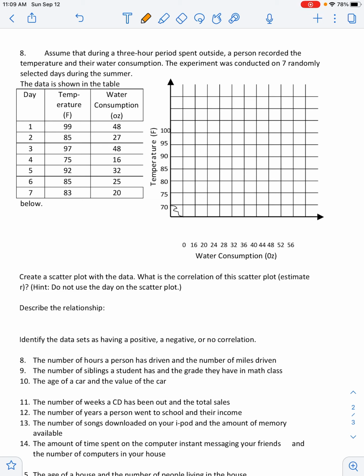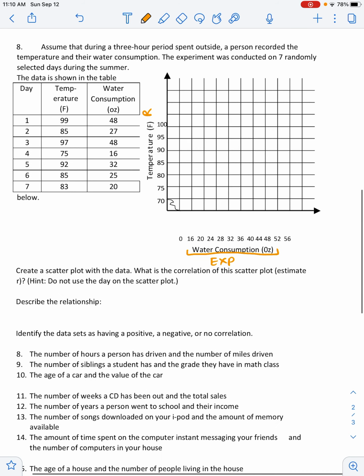So we are creating a scatter plot where water consumption is the explanatory and where temperature is our response variable. Again, this just got all messed up here. So 16, 20, 24, 28.